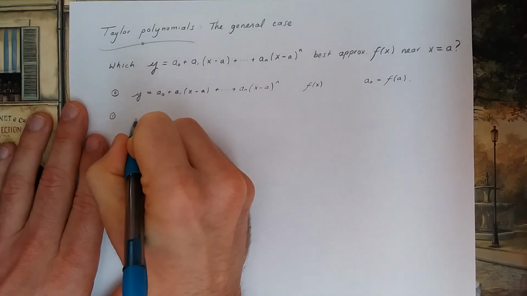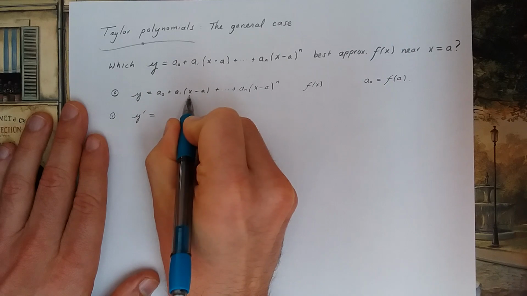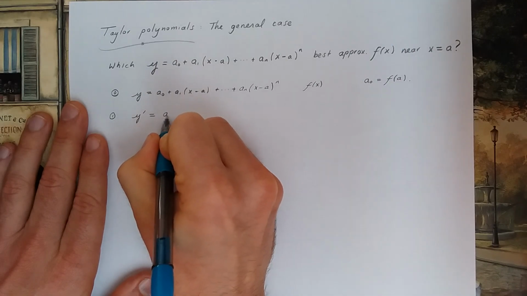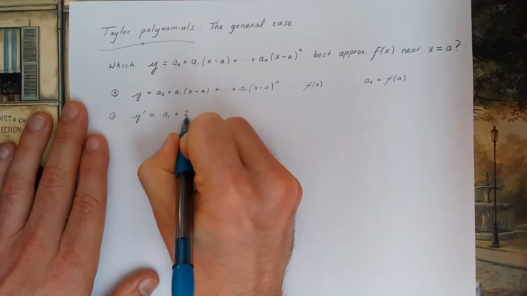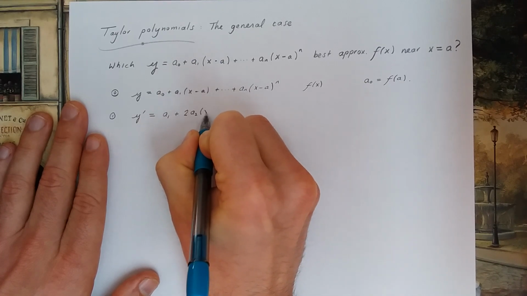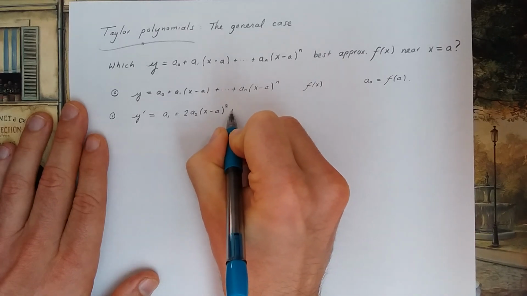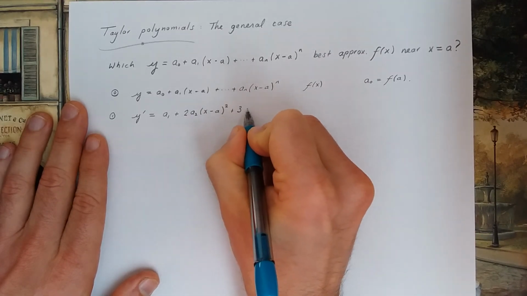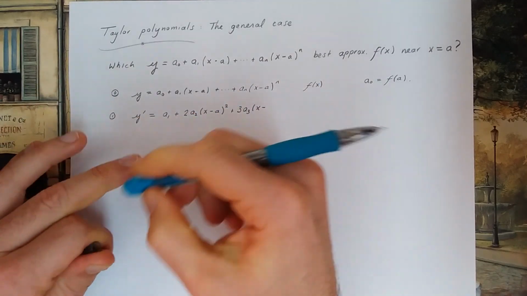The first derivative should match too. So the first derivative of y is a1. And then the next term would be 2a2 (x minus a) squared. The third term would be 3a3, excuse me, this should be x minus a to the first.